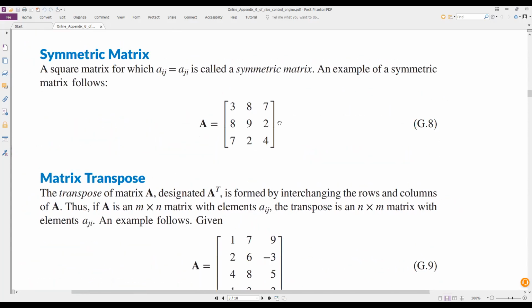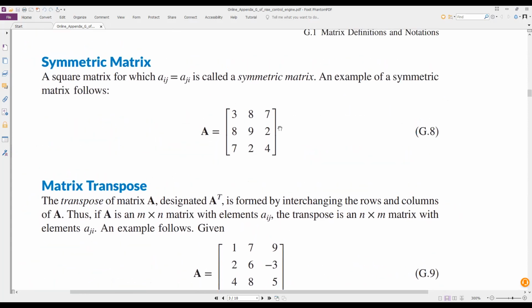Okay, now see the symmetric matrix. A square matrix for which Aij is equal to Aji is called a symmetric matrix. An example of a symmetric matrix is as follows.